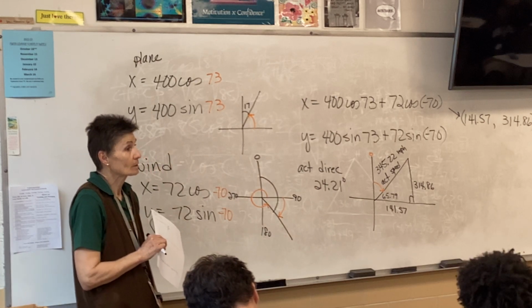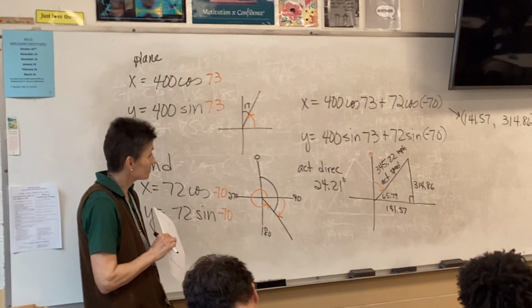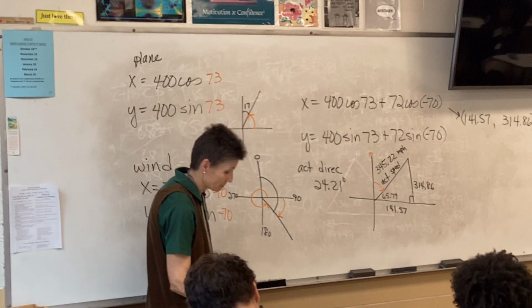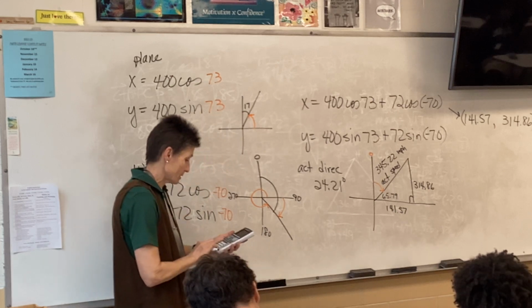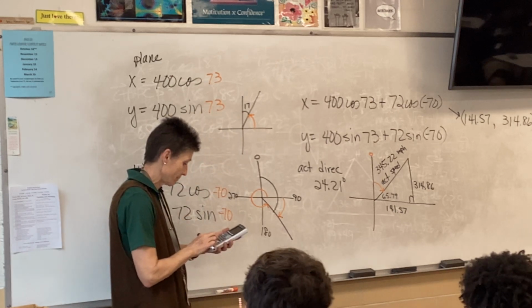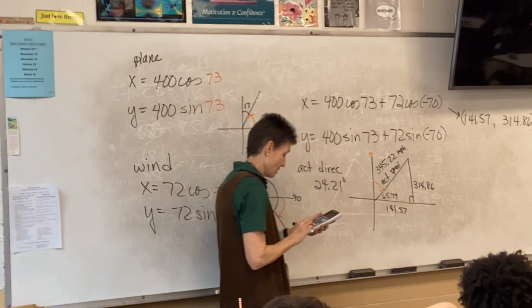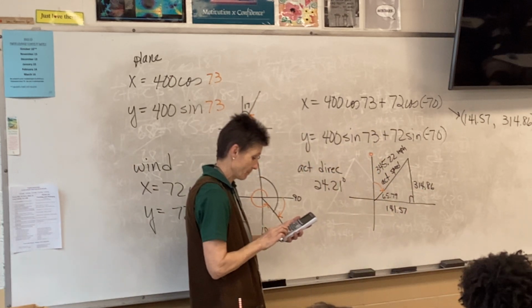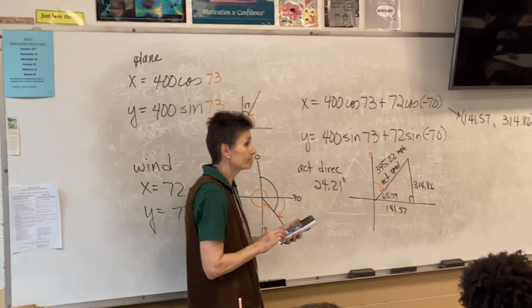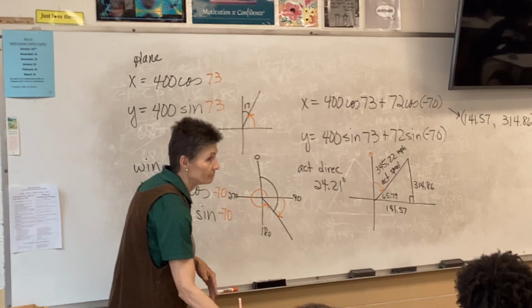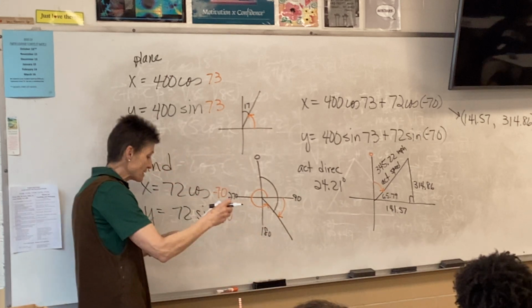I'm confused because when I did the tangent inverse, I just got 24.21 right away instead of 65. I could have typed it in wrong. Inverse tangent, this number divided by this number. Oh, 314. I put them backwards. That's okay, tangent's opposite over adjacent, right? Yeah, I found one the other way. All right, last one.